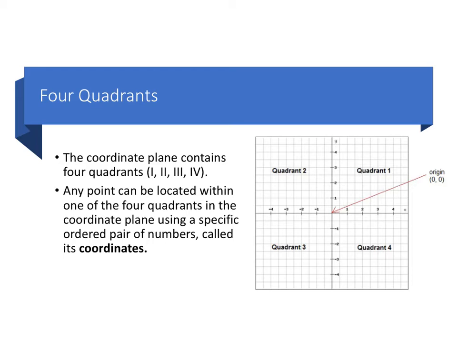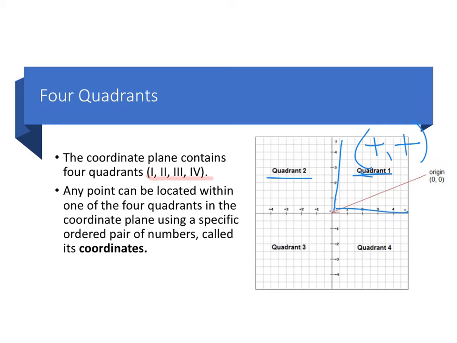There are 4 quadrants in a coordinate plane, and they are labeled 1, 2, 3, and 4. Quadrant 1 has a positive going right on the x-axis and a positive going up, so these numbers will always be positive, positive.